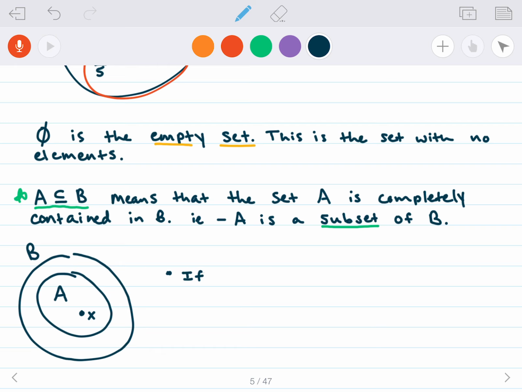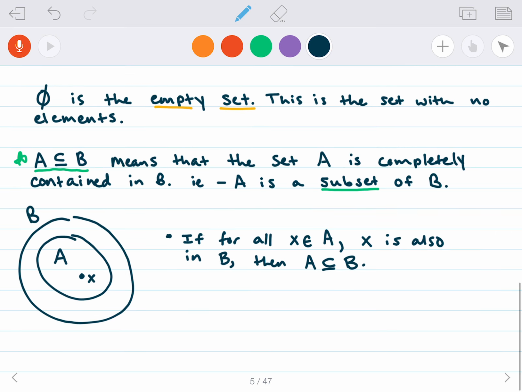If for all x in A, x is also in B, then A is completely contained in B. So if every element x in A implies that x is also in B, then we know that the set A must completely be contained in B. Okay? So that's what that means.